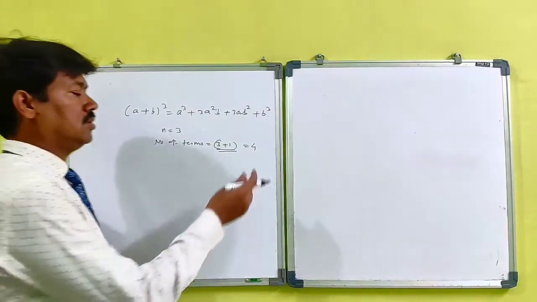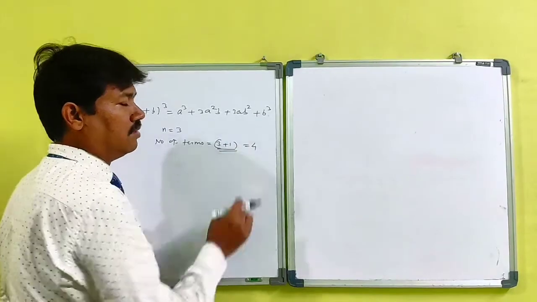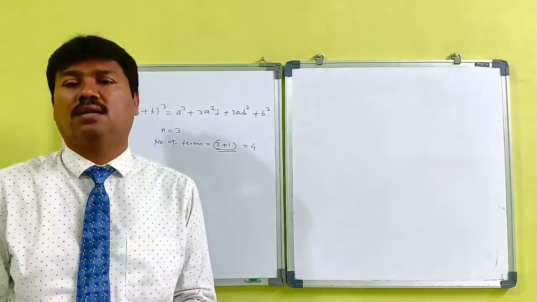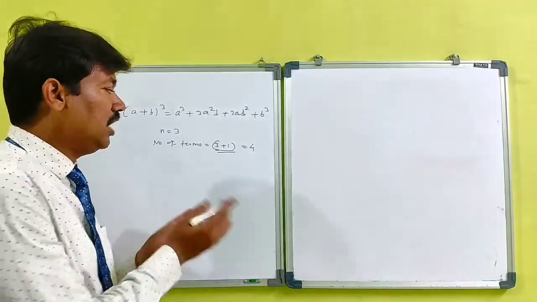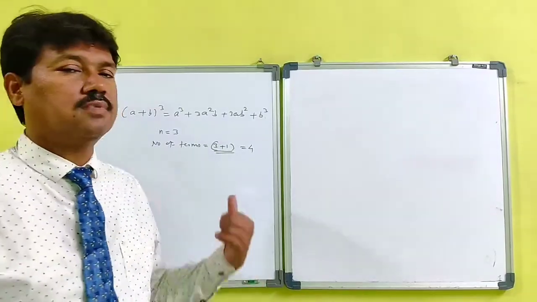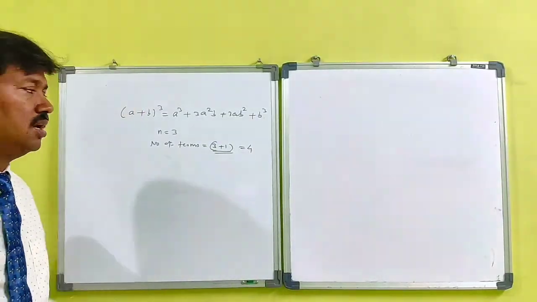And when the total number of terms is 4, we cannot find a single middle term because there are two middle terms in that case. We cannot divide exactly into two halves with one middle value.